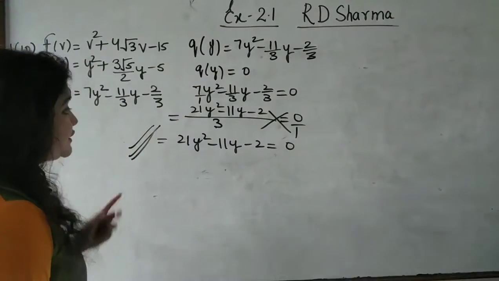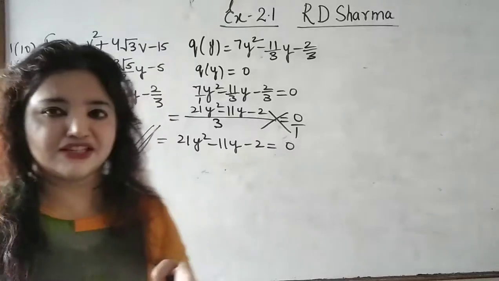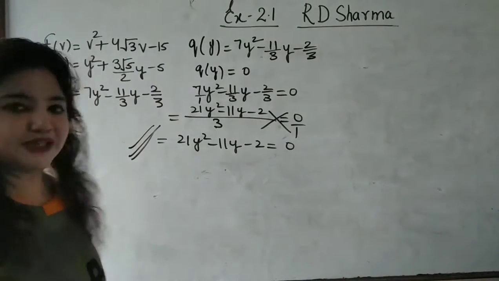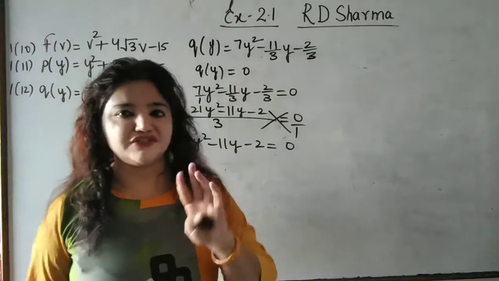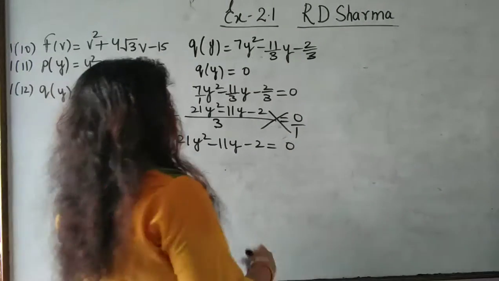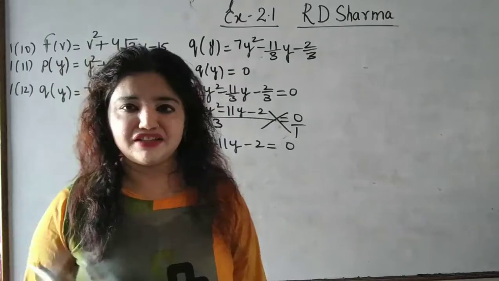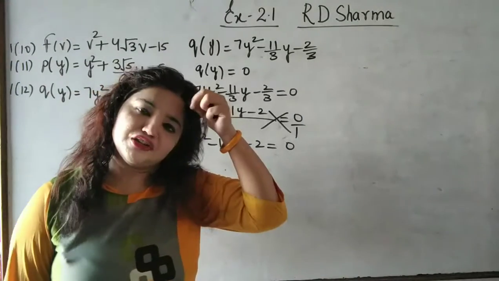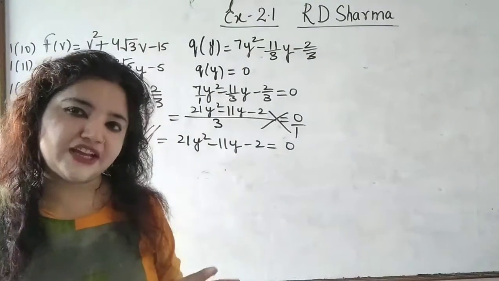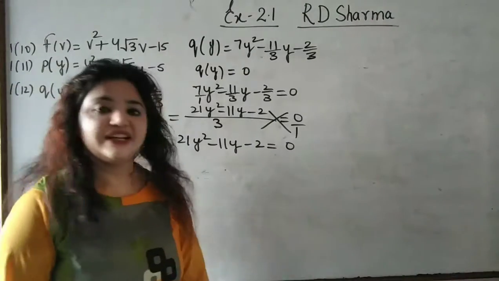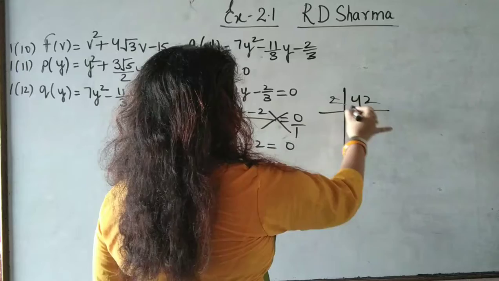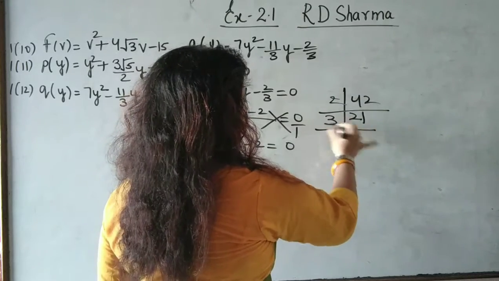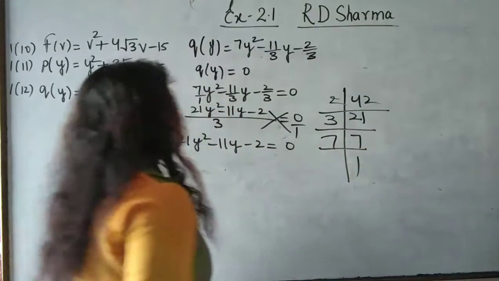Fine, so we have to find the zeros. Just apply the middle term splitting method. 21 into 2 is 42, and we have to break 42 in such a way that we get 11. Just do the prime factorization of 42: 3 twos are 6, 2 ones are 2, 3 sevens are 21, 7 ones are 7.